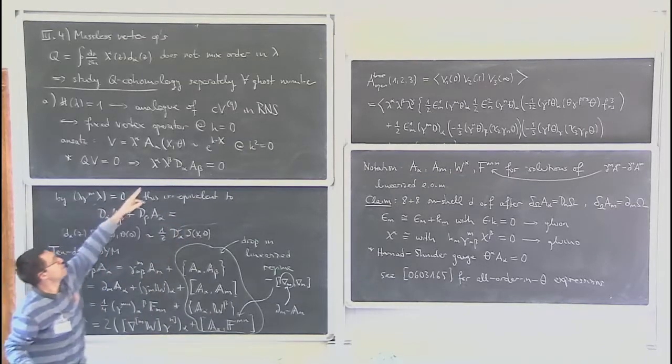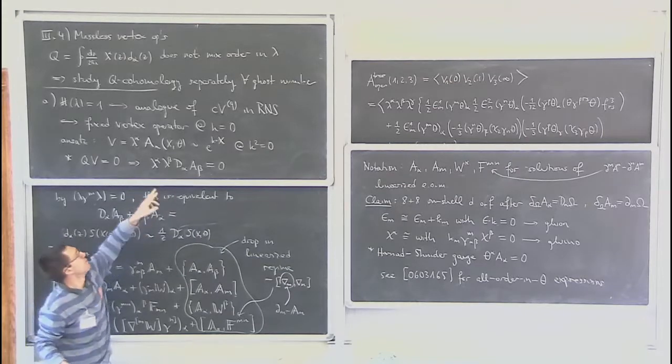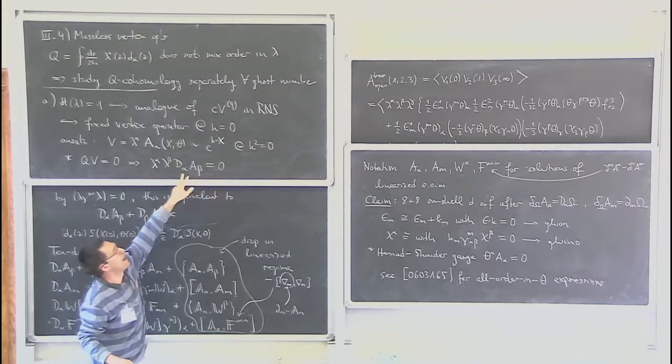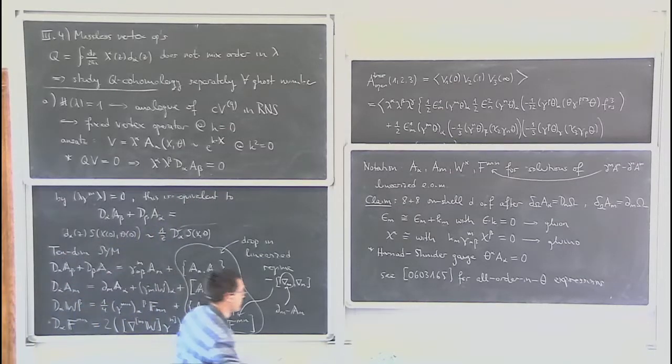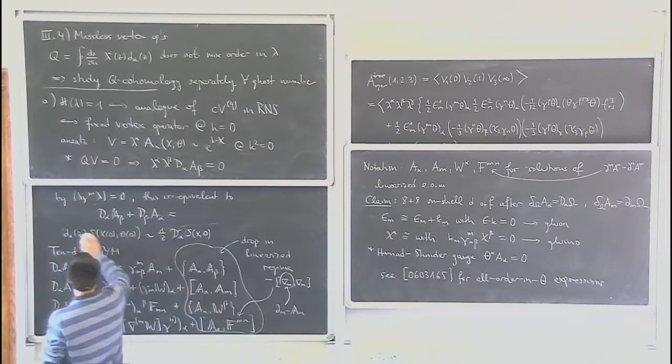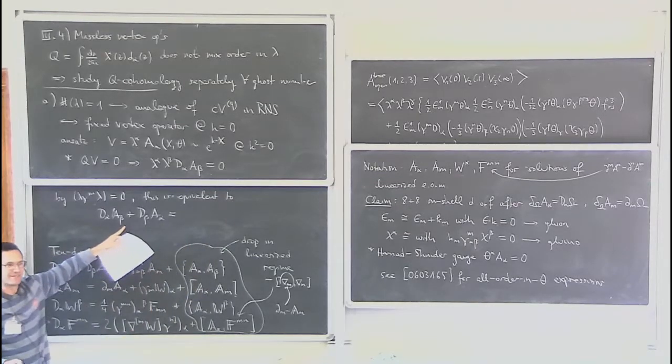Okay, so let's notice that lambda alpha, lambda beta is symmetric in alpha beta. So we only get a constraint on the symmetric part of D alpha A beta. Let's now do some representation theory. If you have a symmetric bispinor in 10 dimensions, a bispinor with the same chiralities, there could be a 1 form and there could be a 5 form.